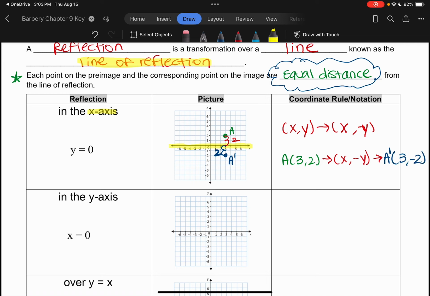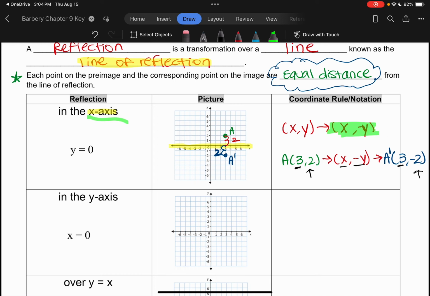So hopefully you guys are seeing that from our original point, our rule is that the x stays the same, the y changes signs. So here, x stayed the same, so it's still 3, but now the y changed signs. So that's how reflections over the x-axis work. You can just use this coordinate rule or notation. This part here is the rule that we're using for reflecting over the x-axis.